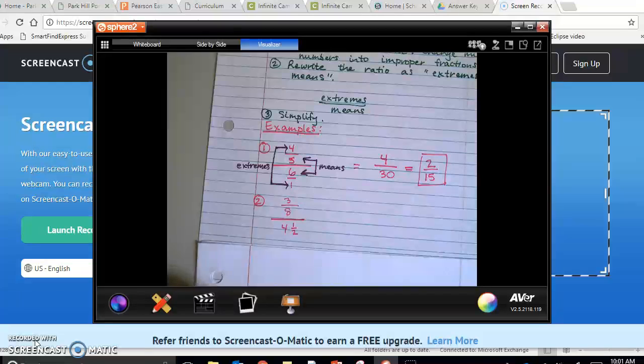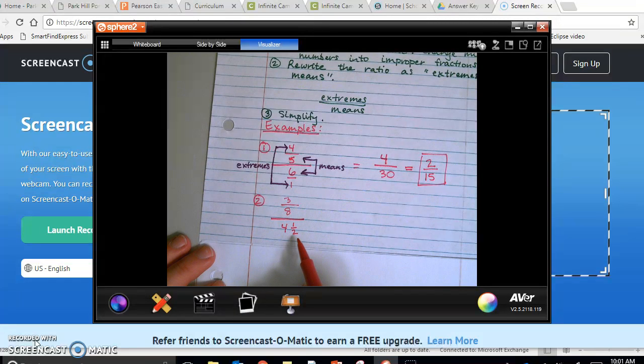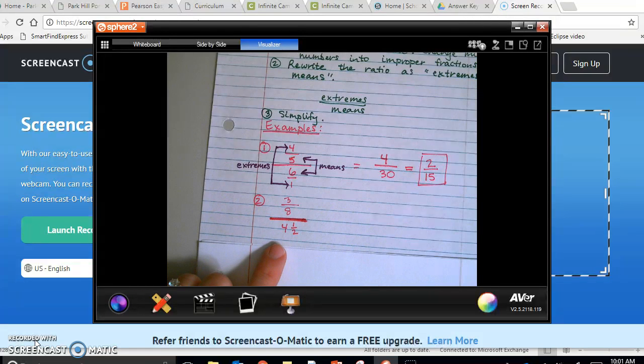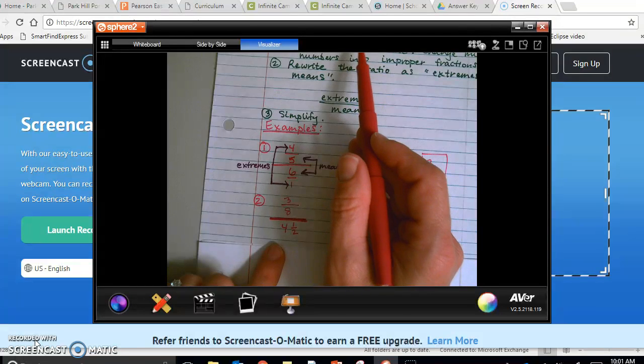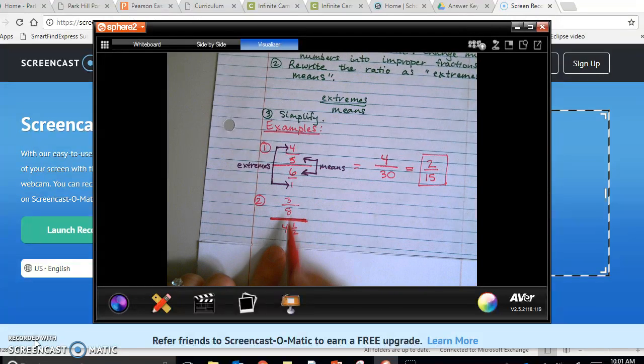On number 2, we have 3/8 divided by 4 1/2. Remember, this big fraction bar really means division. So my first step says to change all numbers into fractions. I have a fraction on top, but I need to change my mixed number into an improper fraction.